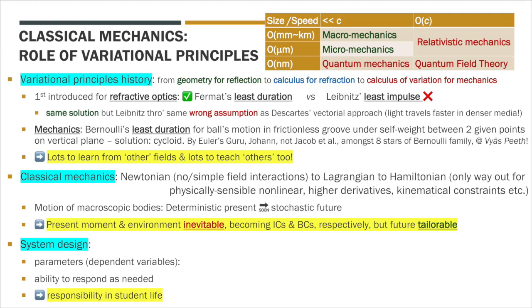Now, there's a lot of information transfer happening between micromechanics and macromechanics, because if we understand the micromechanical theories, we can set up the macromechanical theory in a much more effective way.